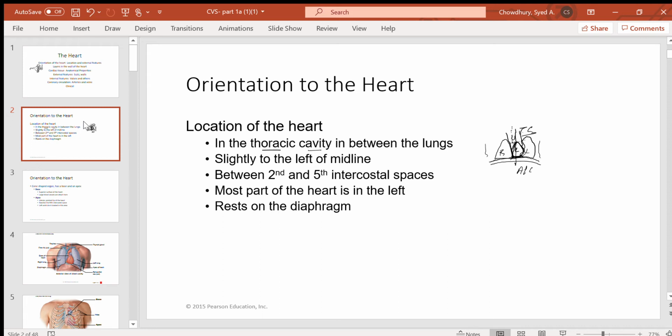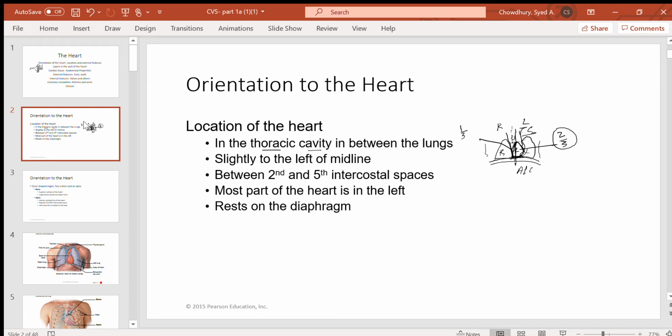So this is the right part of the thoracic cavity, this is the left half, and you see if this is the midline, 2/3, that means most part of the heart is located in the left side of the thoracic cavity, and only about 1/3 part is located in the right side of the thoracic cavity. Okay, so that's why we say heart is located in the left side of the body. So most part of it is in the left side.